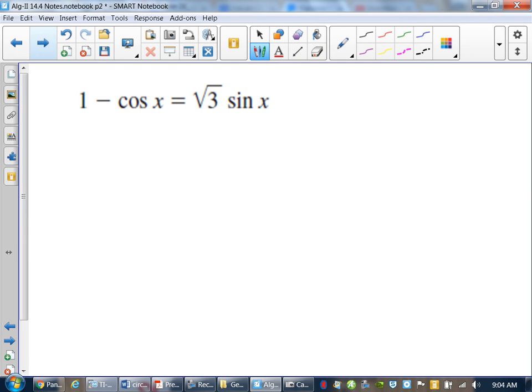Yes, sir? Can't you just divide and turn it into... Not quite, because you can't just divide it out. But what I want to show you guys is back to the unit circle, back to the triangle.